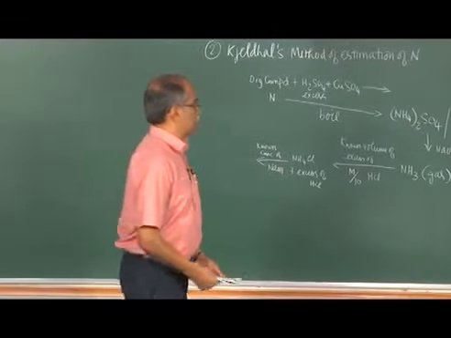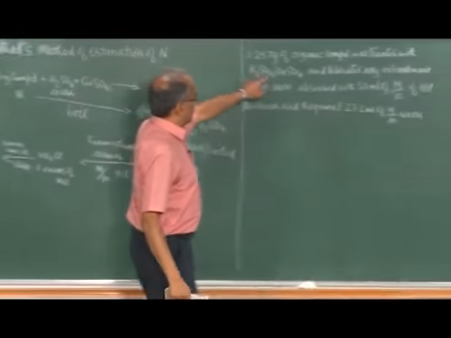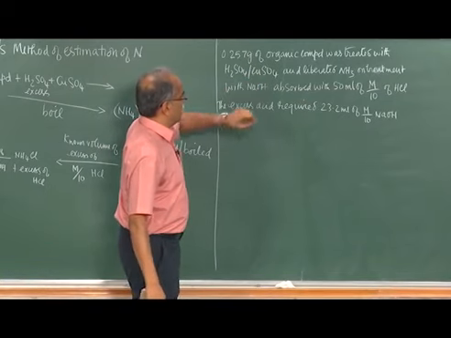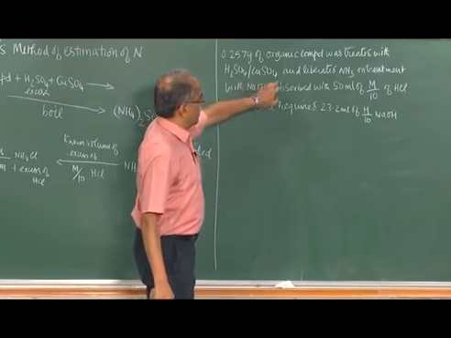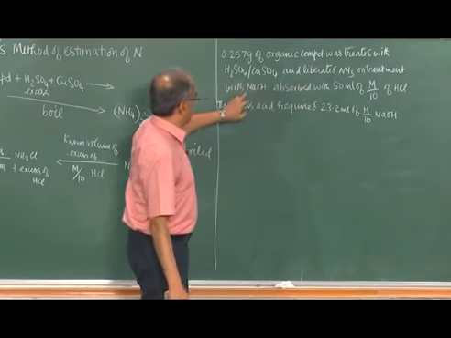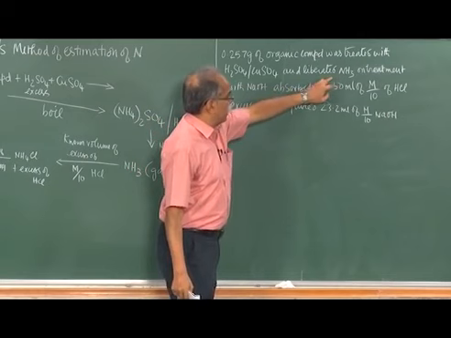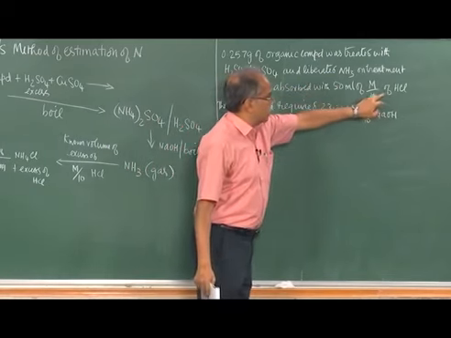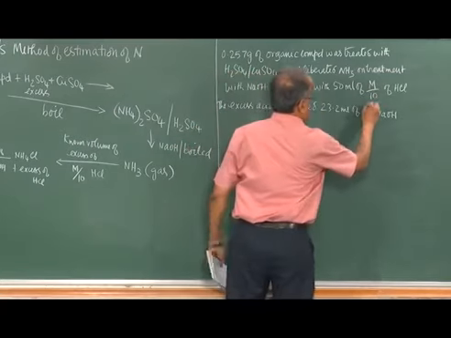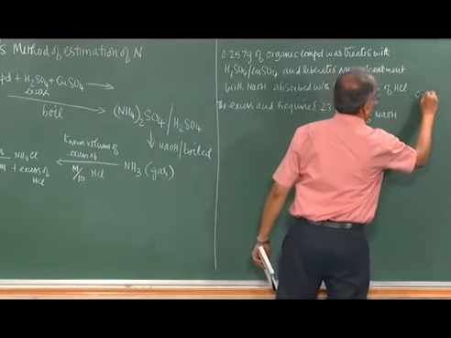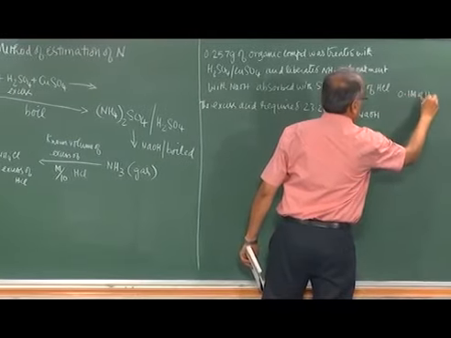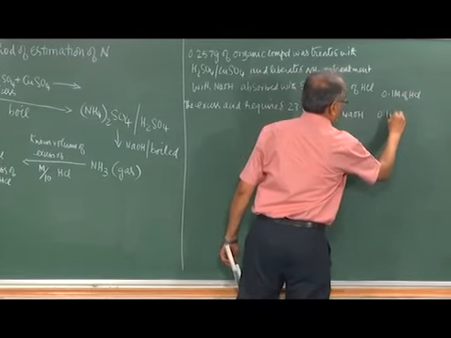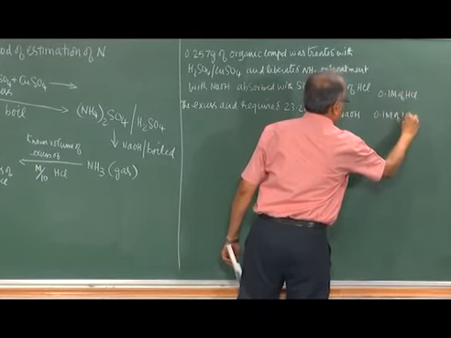What is done is the compound is treated with sulfuric acid and copper sulfate, thereby ammonium sulfate is formed. The ammonium sulfate liberates ammonia on treatment with sodium hydroxide. The liberated ammonia is absorbed in 50 ml of M/10 hydrochloric acid. This would correspond to 0.1 molar HCl. Similarly, this would correspond to 0.1 molar sodium hydroxide.